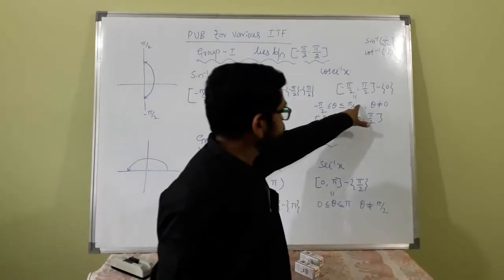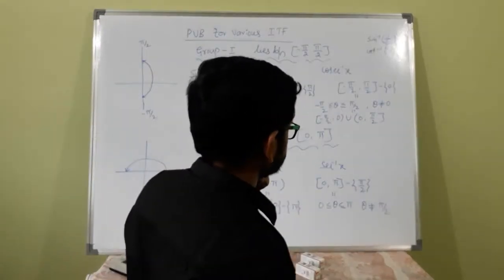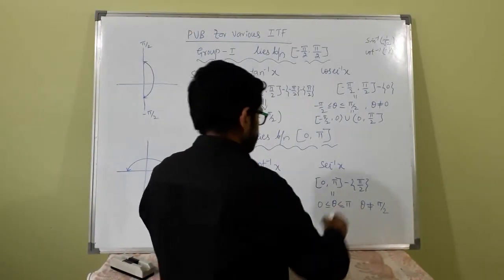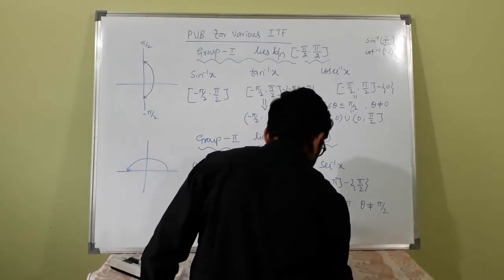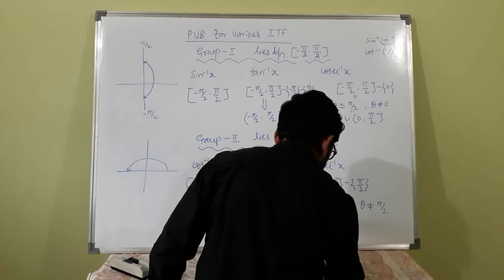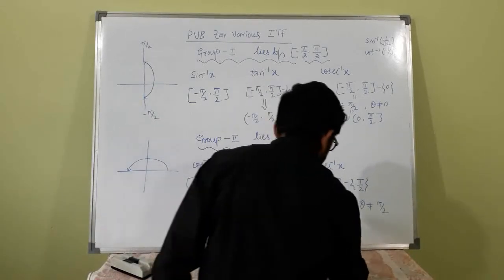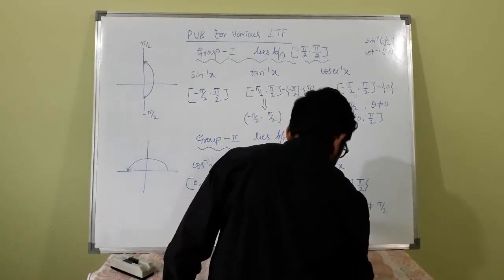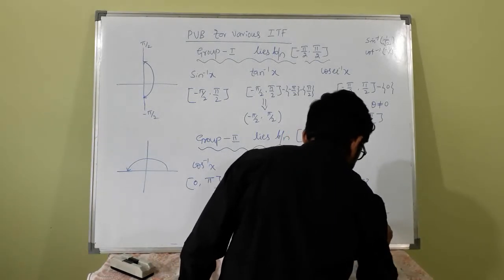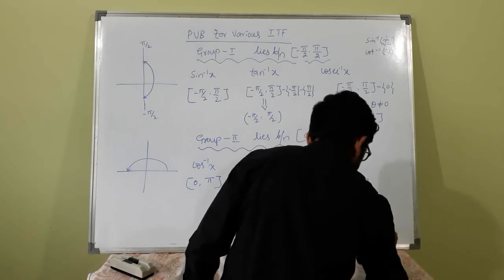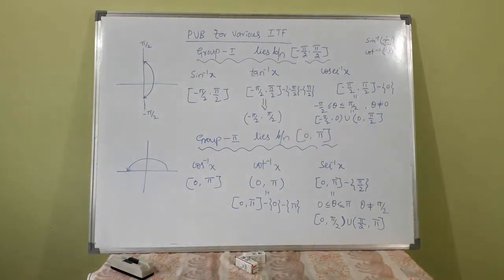Here theta is not equal to 0, here theta is not π/2. This can also be written as 0 to π/2, with π/2 not included so an open bracket, union π/2 to π. Okay, is it okay?